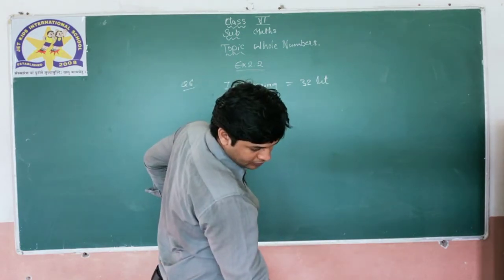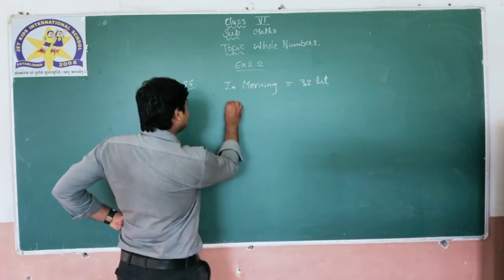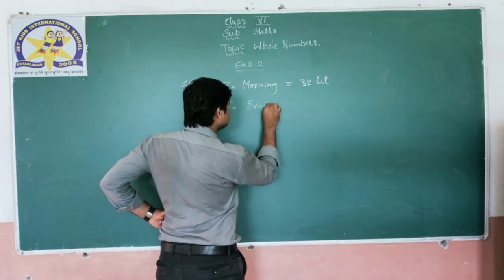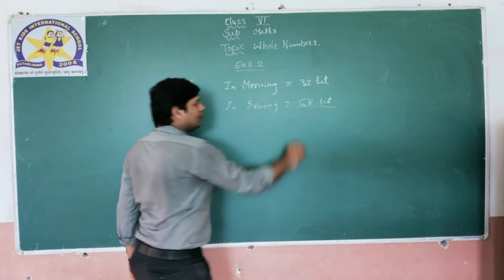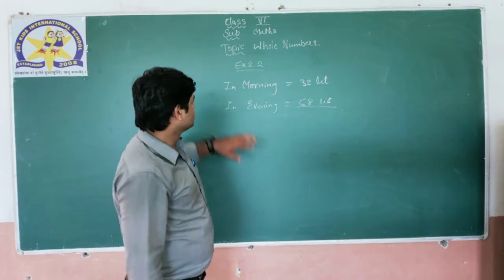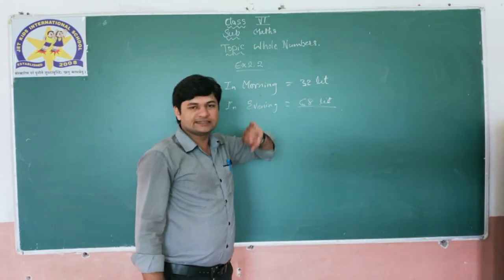And in the evening, 68 liters. A milkman provides milk to a hotel. So every day in the morning he provides 32 liters and in the evening 68 liters.